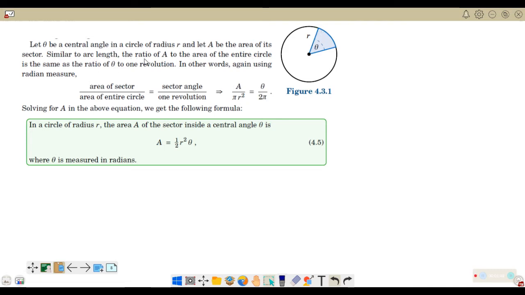Similar to arc length, the ratio of A to the area of the entire circle is the same as the ratio of theta to 1 revolution. Yun yung gagamitin natin for the derivation of the formula.